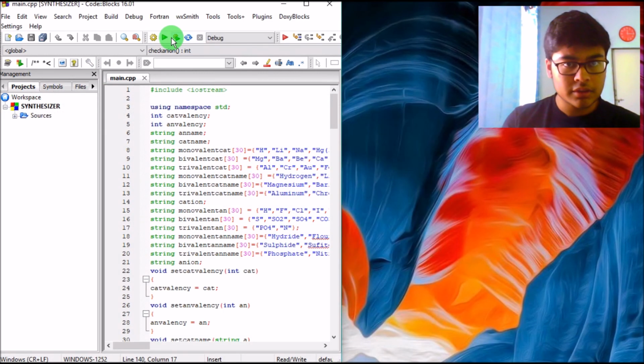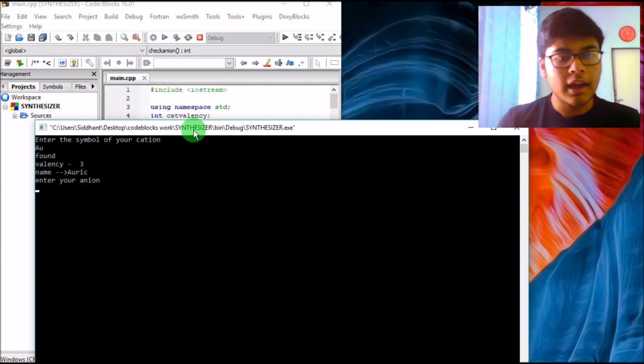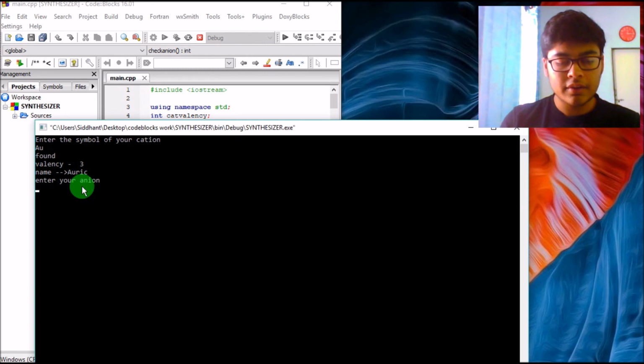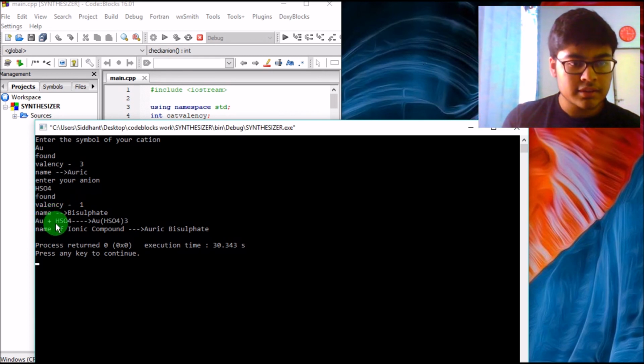We can have some others also, such as auric, that's gold. Auric has a valency of 3, that means it has 3 extra electrons. So auric, meaning gold, has to give 3 electrons to someone. For example, if I have HSO4, that is hydrogen sulfate or bisulfate, you'll get auric plus HSO4, that's auric bisulfate.